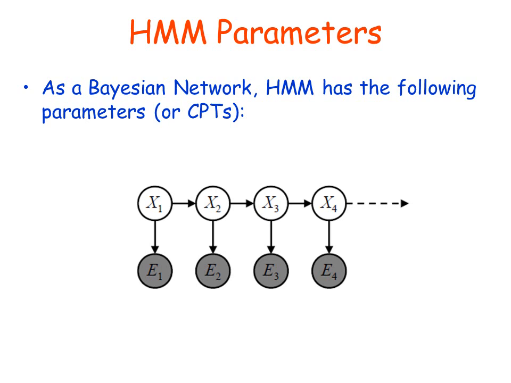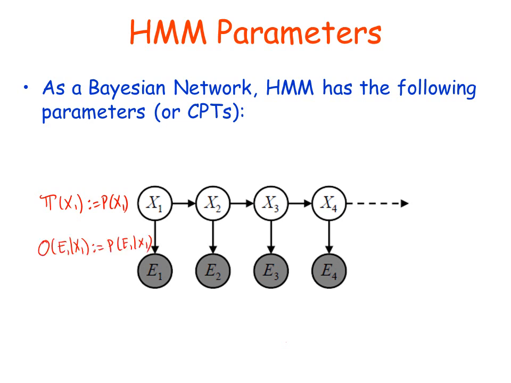Let's look at the parameters or the conditional probability tables for HMMs as a special case of Bayesian networks. Obviously, we should have a conditional probability table for the first state or the initial state denoted by pi of x1.